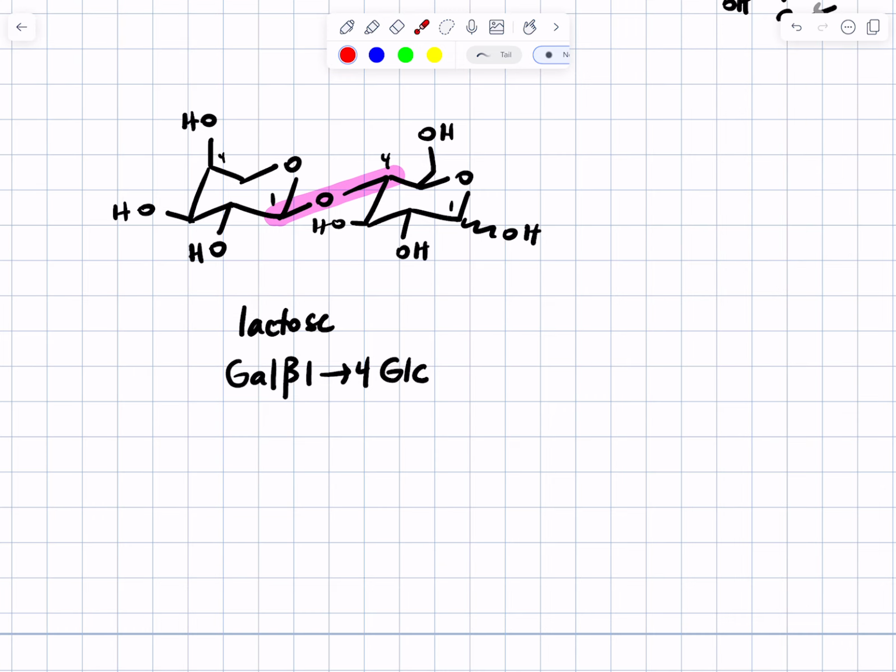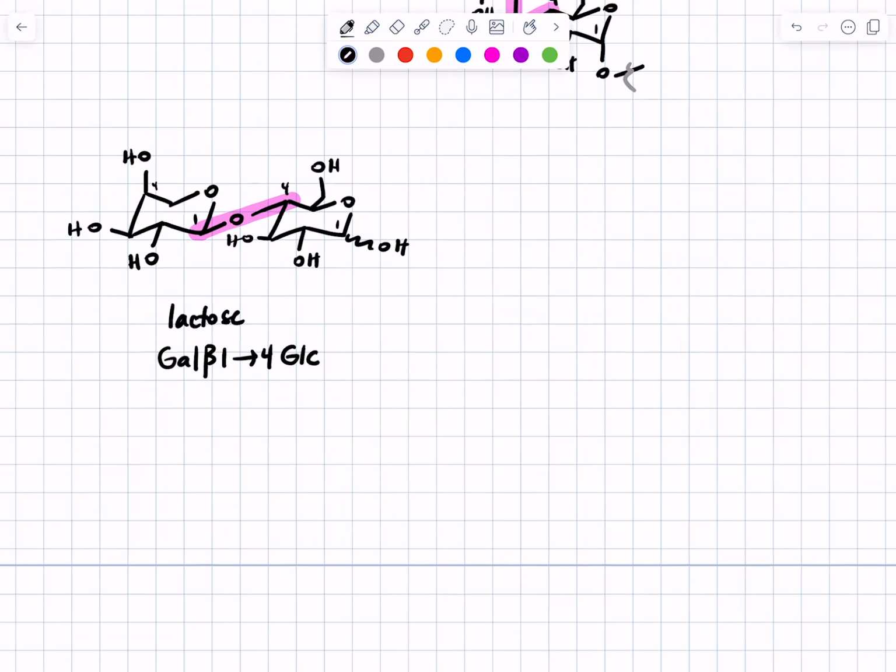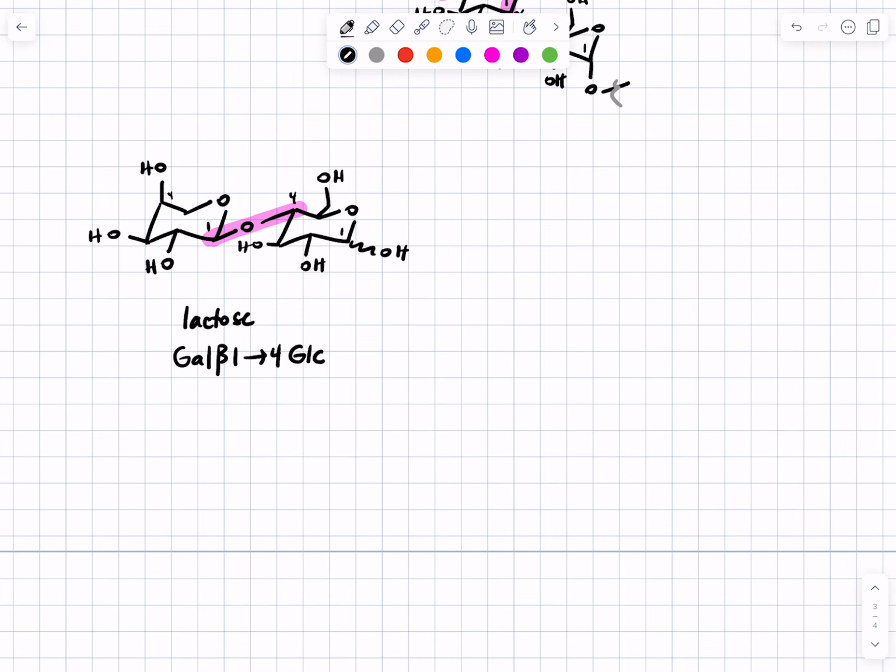This is the sugar lactose, and it's, of course, present in dairy, and then it's actually present in human milk as well, only in human milk there's an additional carbohydrate that's sort of present. So I'm going to draw the human milk oligosaccharide, and then we're going to talk about lactose intolerance.